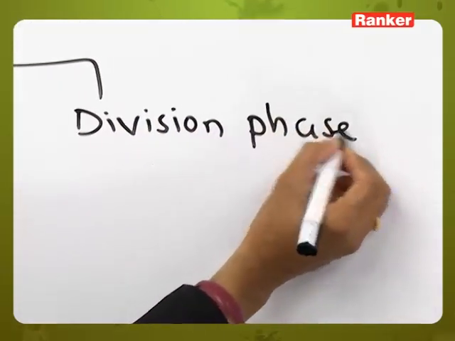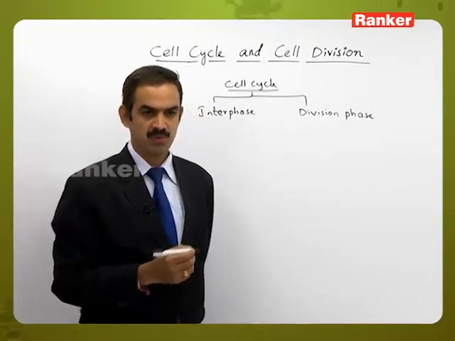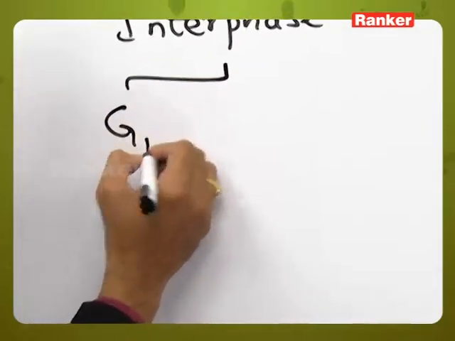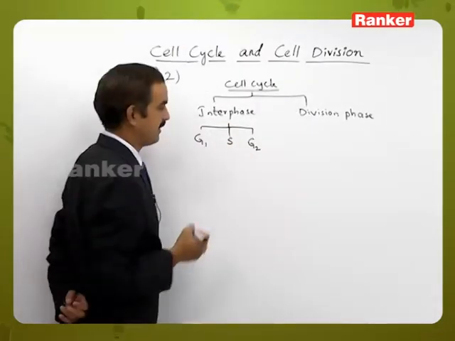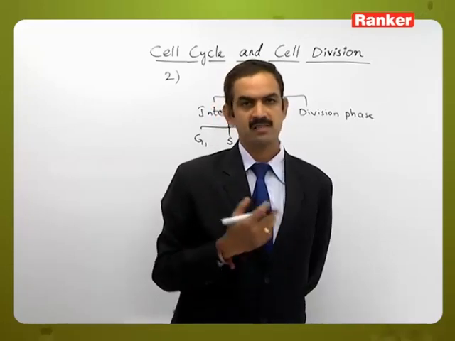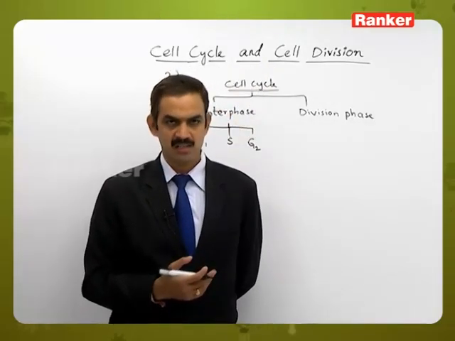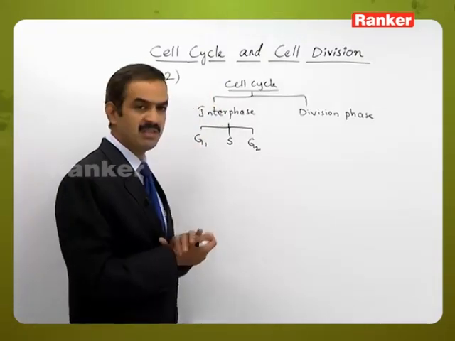Interphase is a stage where the cell prepares itself for the next division process. In this interphase, G1 phase, S phase and G2 phase will be there. So when a cell completes its cell cycle, it will further enter into the next cell cycle, where the first stage of the next cell cycle will be the G1 phase.